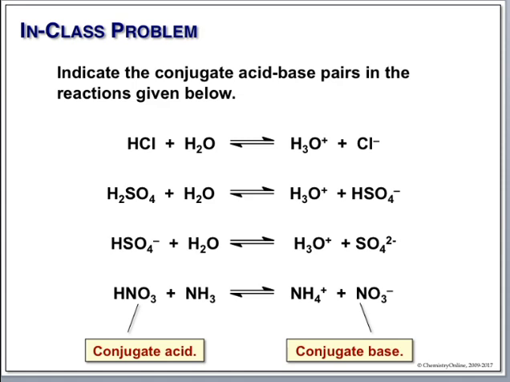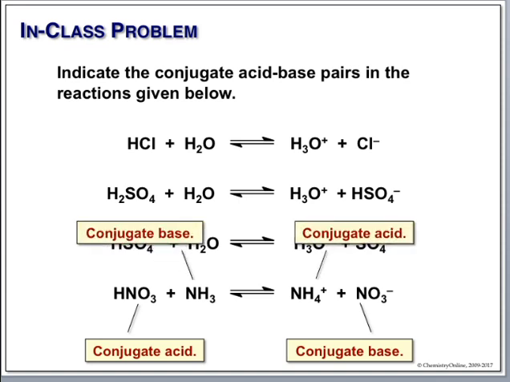For going this way, what is our proton donor? And what is its conjugate base? Ammonium, yes. This guy is going to donate a proton to nitrate to form ammonia. Forward reaction, back reaction. That's kind of neat, right?